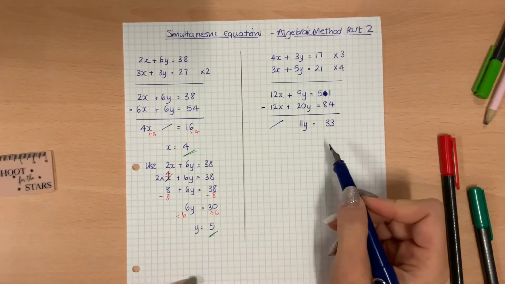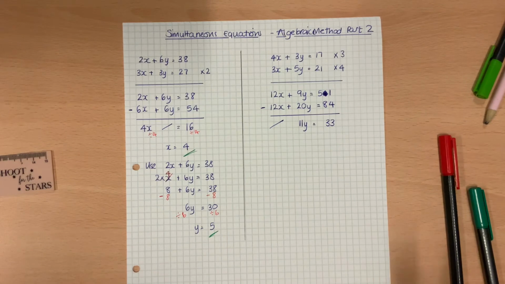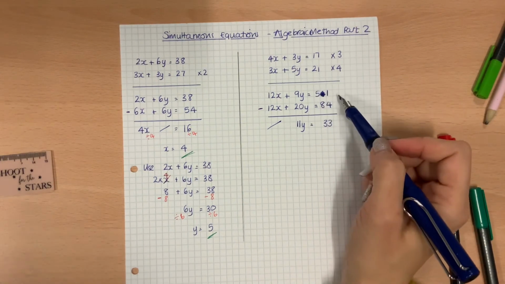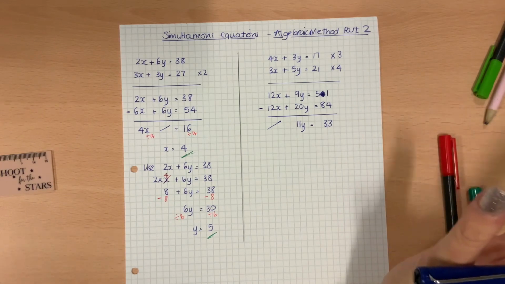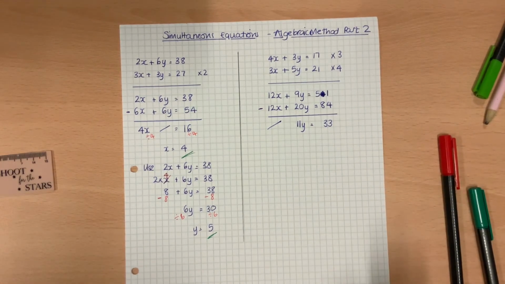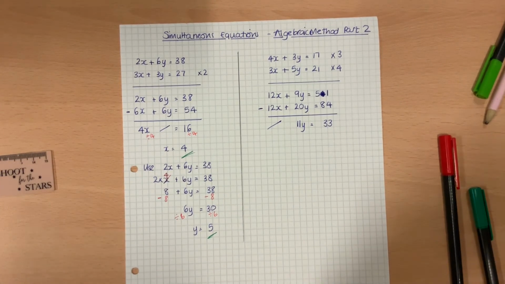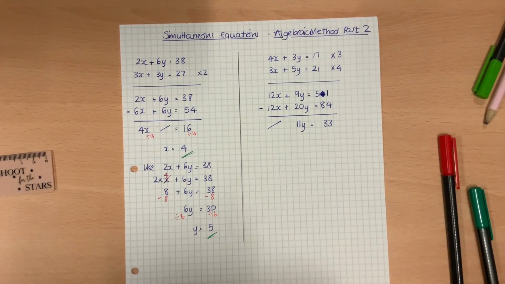And what I noticed straight away is that feels right, because I know that 11 goes into 33. So if you think it's not right, then you should double check what you're taking away. The questions that I'm setting you are all positives, so you shouldn't have anything negative in there. It could be a decimal though, because some of your questions are working with money.